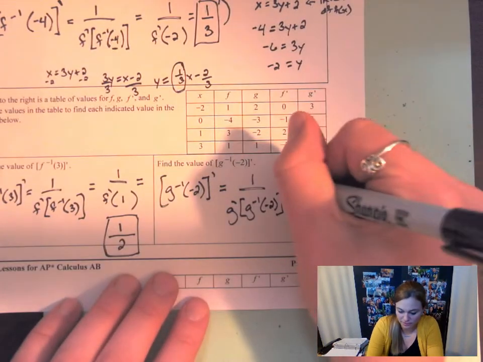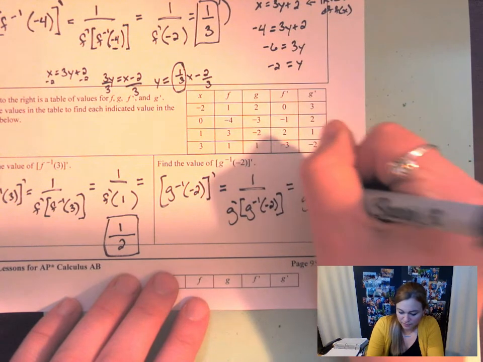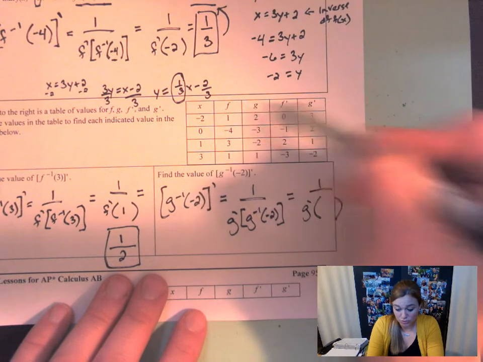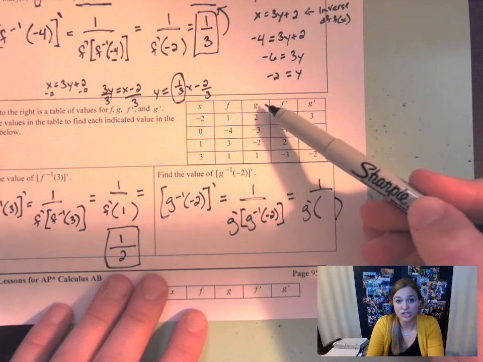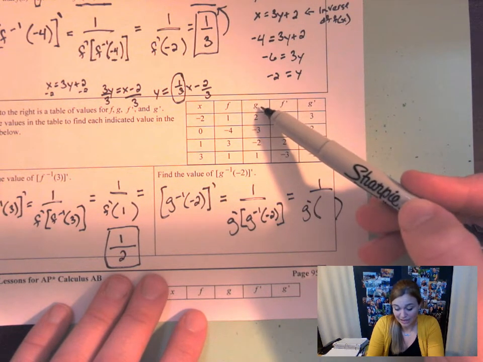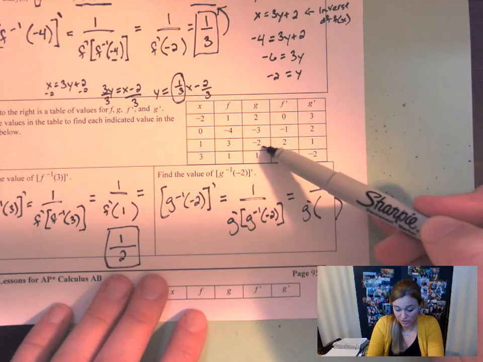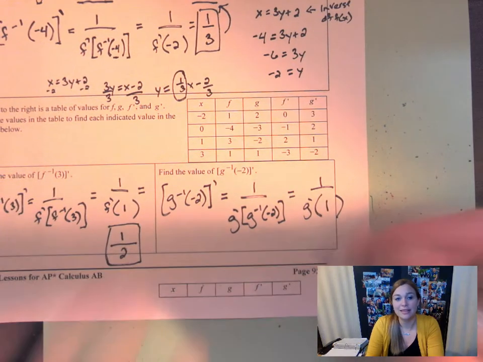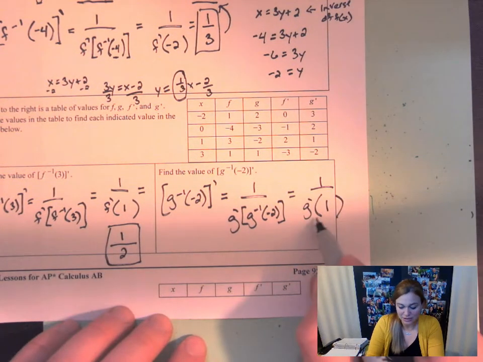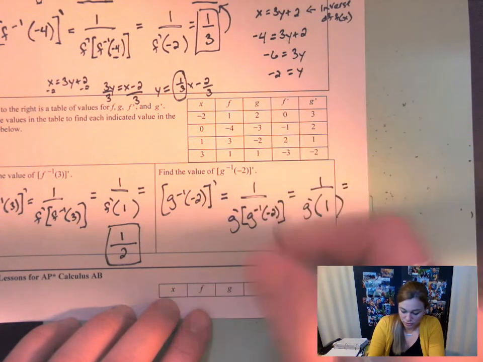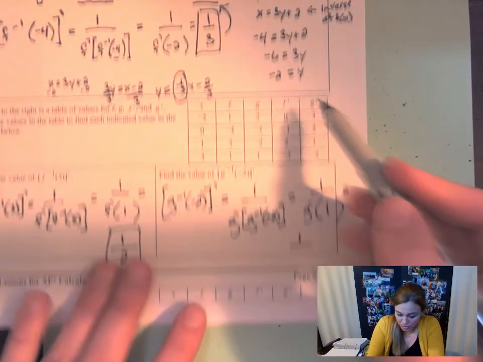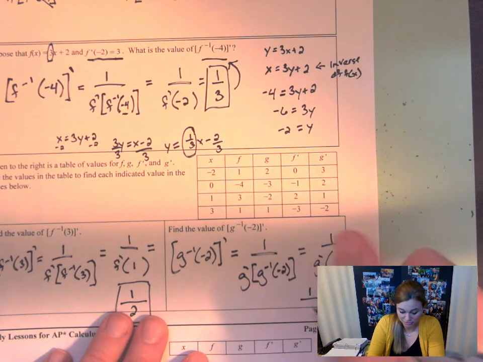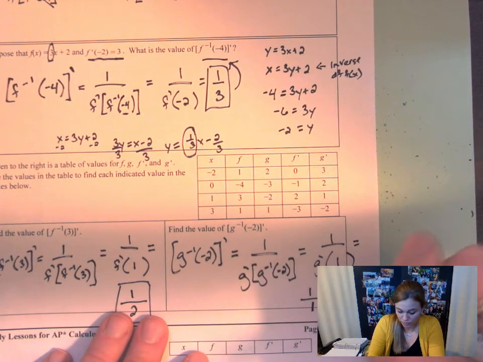I don't have g inverse on here, so what I need to do is look at g, and then look for -2 as a y value. There it is. My x value is 1, which means the inverse would be switched. We got g prime of 1, so 1 over g prime of 1. This is g prime. I'm going where x is 1. I get 1. 1 over 1 is just 1.